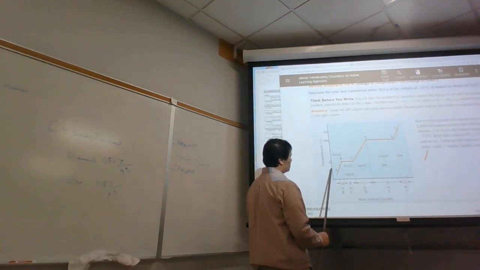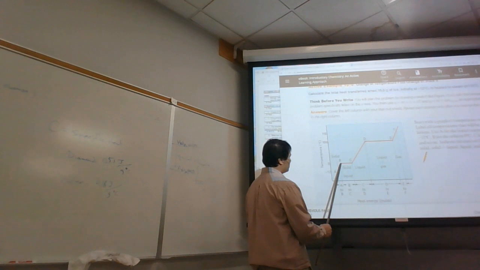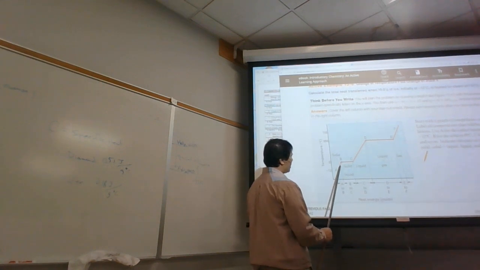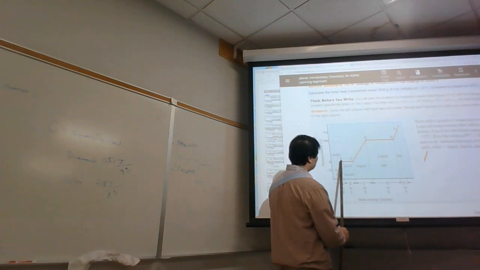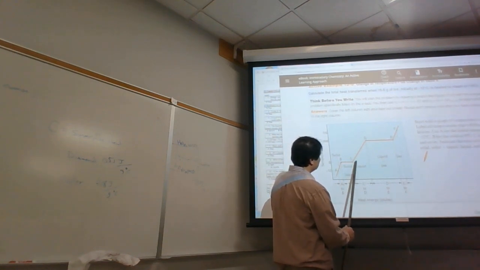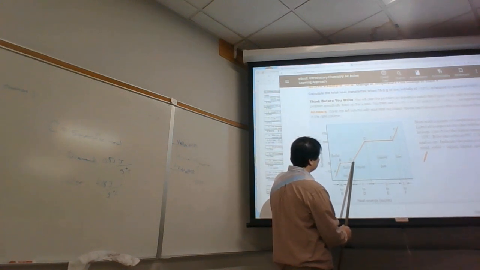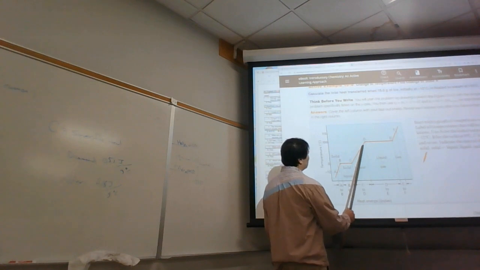The equation for that is Q is equal to MC delta T. Once we warm all the ice to 0, then we're going to add heat to melt it. So BC here, Q is equal to the amount times delta H of fusion. Once we've melted all the ice, then it's all liquid, and we're going to warm the liquid here. This would be Q is equal to MC delta T.